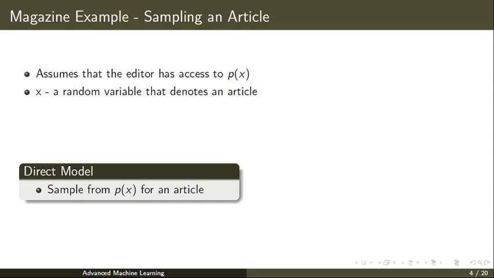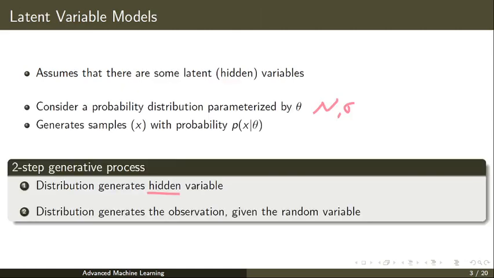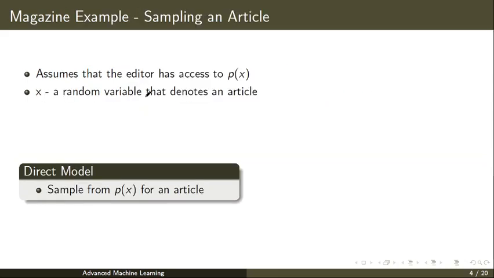So you have a whole bunch of articles with you. Now you need to pick some of the articles and create a new issue. That's it. The normal way by which you can think of it is like this. You assume that the editor has access to a probability distribution P of X.